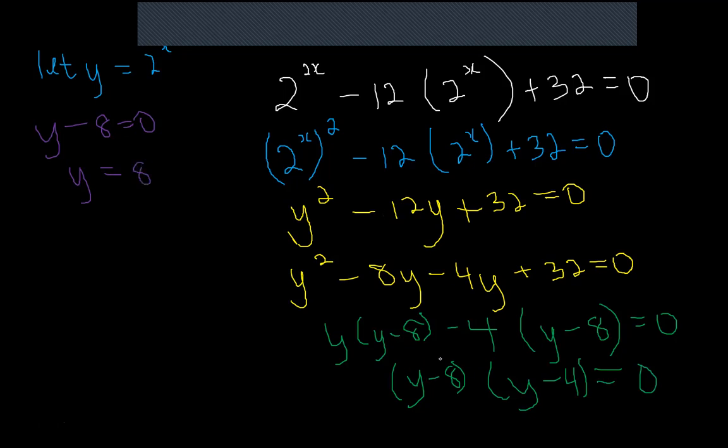Although you might see, okay, factors of y minus 8, y minus 4, that means y has to be equal to 8, y has to be equal to 4. Don't risk losing marks just because you didn't put this, right? Don't take anything for granted. Put y minus 8 is equal to 0, y is equal to 8, y minus 4 is equal to 0, y is equal to 4.